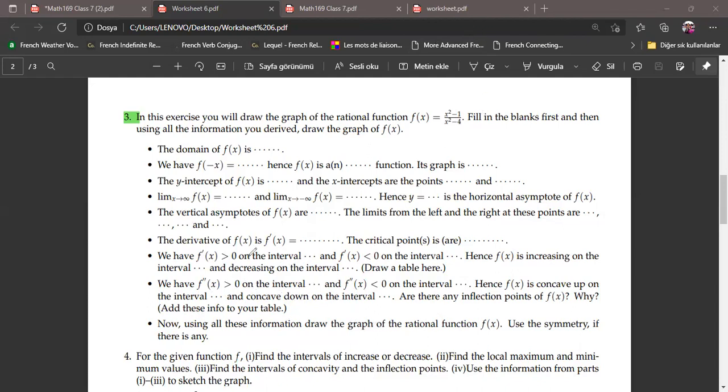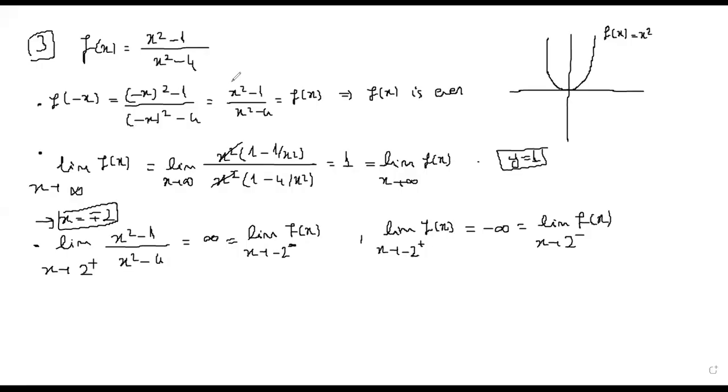So I'm not going to return here. Let's do them on the whiteboard. Let's find the derivative first.